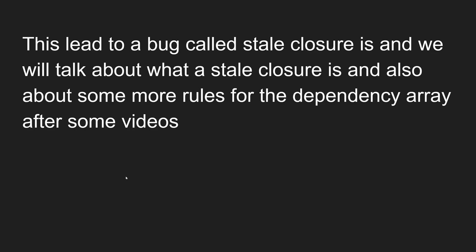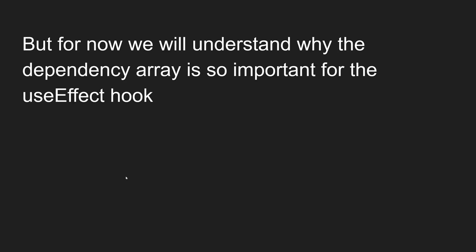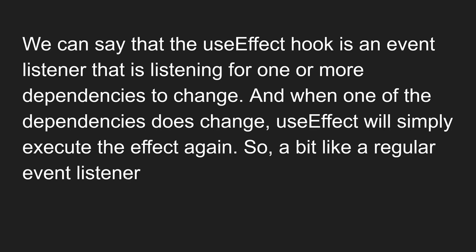We will talk about what a stale closure is, and also about some more rules about the dependency array, after some videos. But for now, we will understand why the dependency array is so important for the useEffect hook. We can say that the useEffect hook is like an event listener that is listening for one or more dependencies to change. And when one of the dependencies does change, useEffect will simply execute the effect again, a bit like a regular event listener.